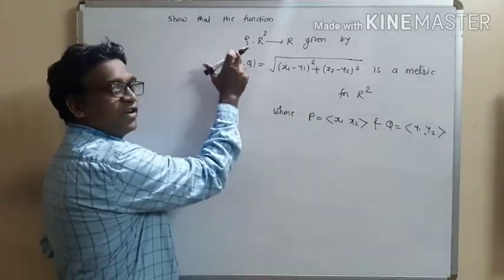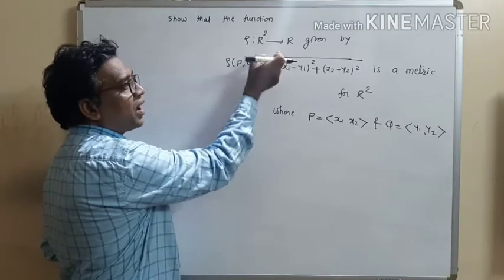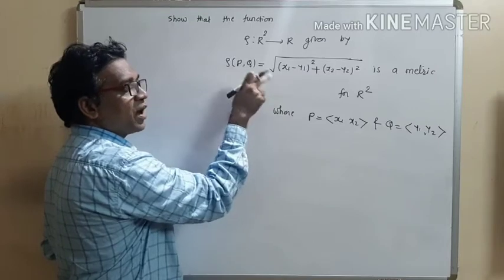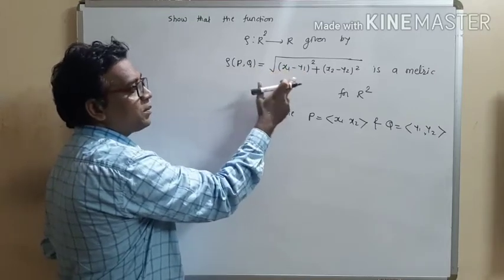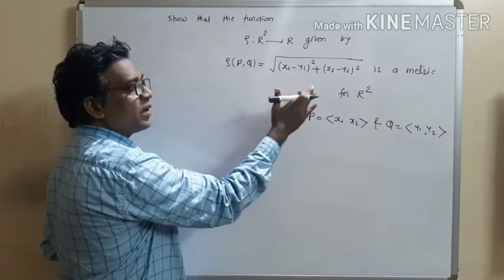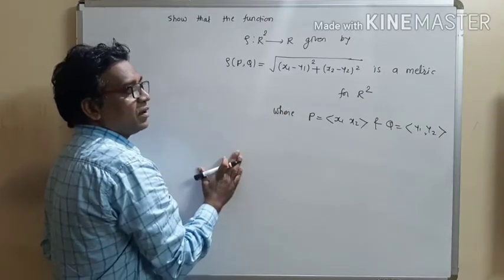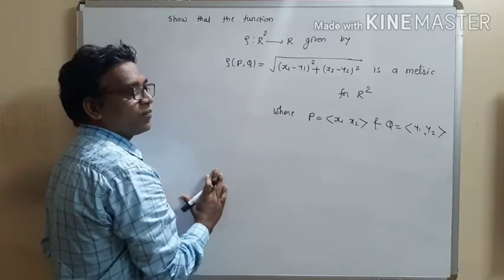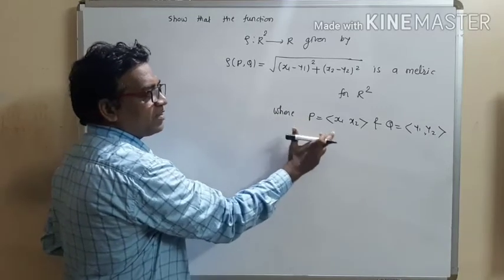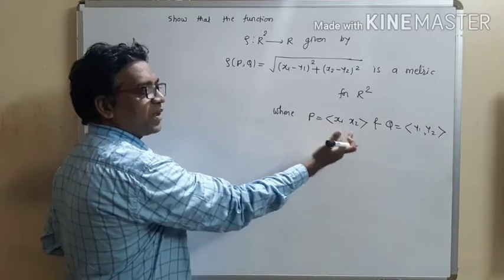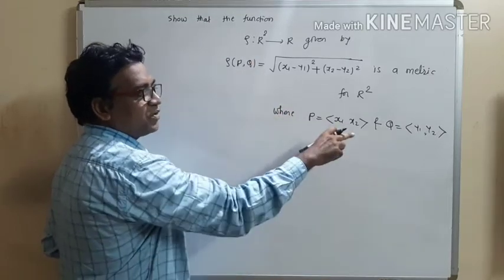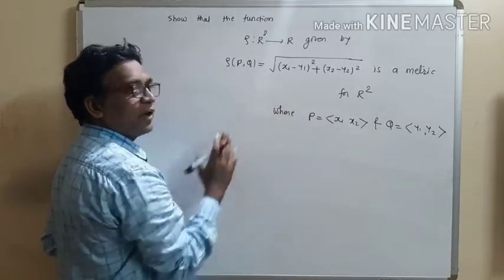We are given this function rho from R2 to R, and we must show that rho is a metric for R2, where P is the ordered pair x1, x2 in R2, and Q is the ordered pair y1, y2.